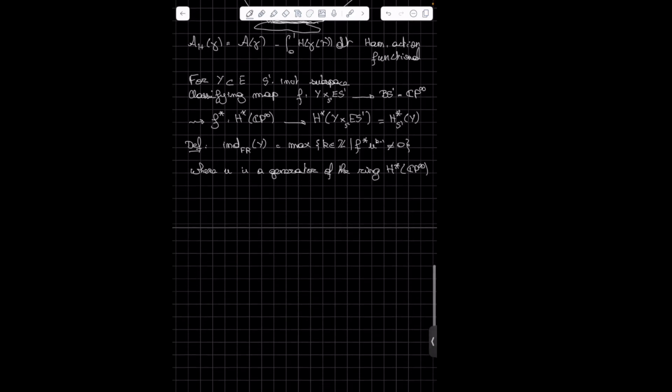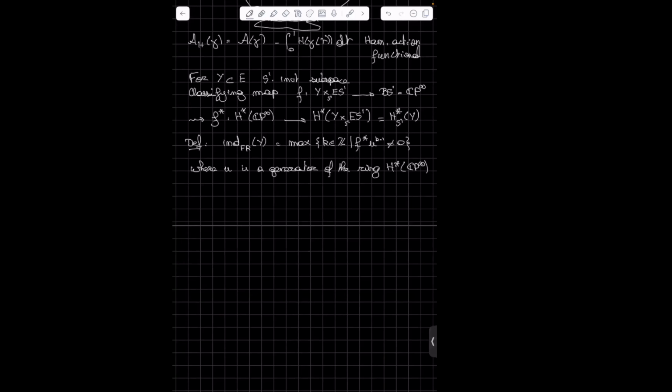And that was the first index that I needed, because Ekeland-Hofer introduced another index based on the Fadell-Rabinowitz index, which is going to be used to define the capacities. So Ekeland-Hofer introduced a group gamma, which is a subgroup of the group of homeomorphisms of H1/2.